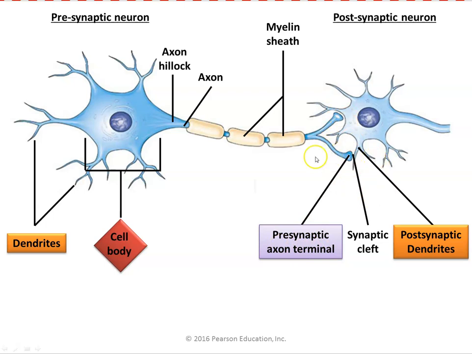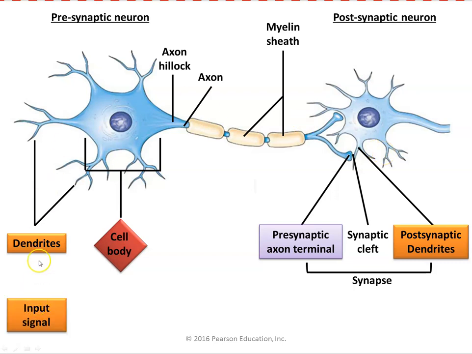In this picture, I'm just showing you the dendrite. Together, these three structures are a synapse, where I pass communication on from the presynaptic cell to the postsynaptic cell, okay?